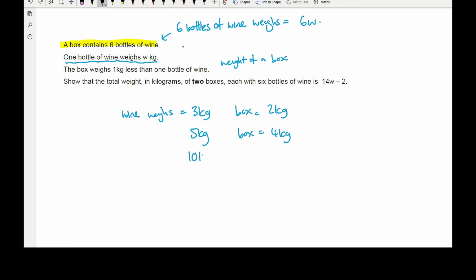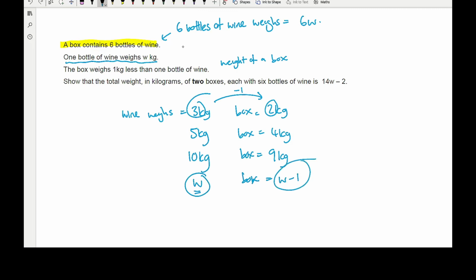If it weighs 10 kilograms, which would be a very, very big bottle of wine, then the box will weigh 9 kilograms. Now here we know that the wine weighs W, so then the box, what do I need to do from this number to get to this number? Well, I take away 1. So that means that if this is W, then this is going to be W minus 1.